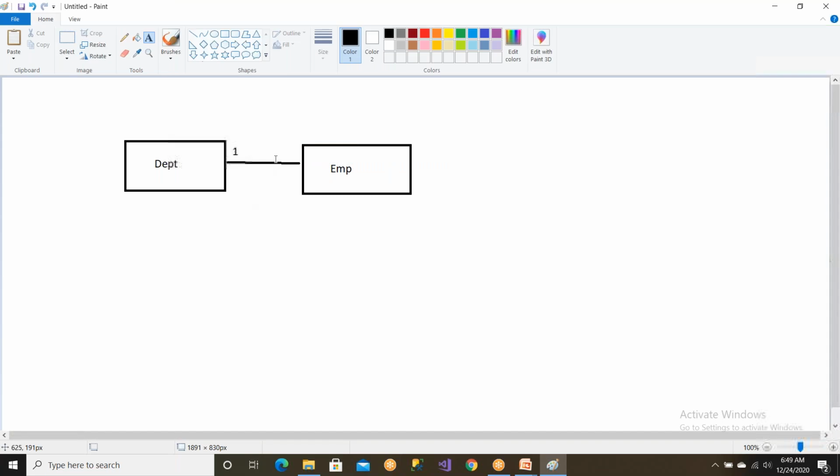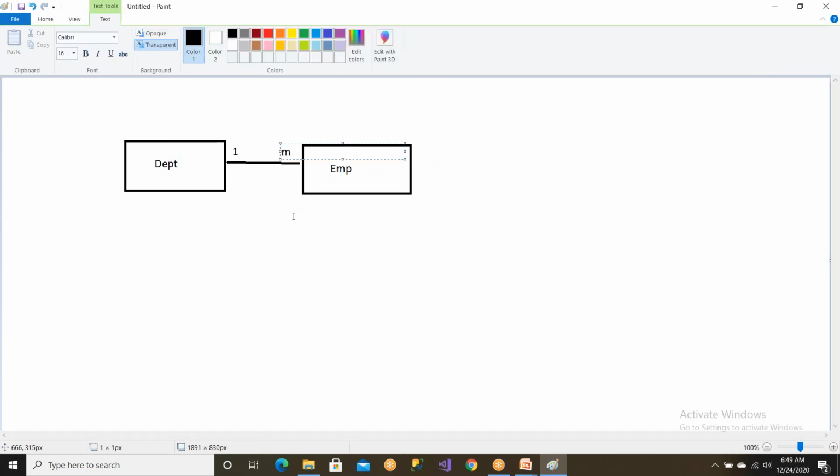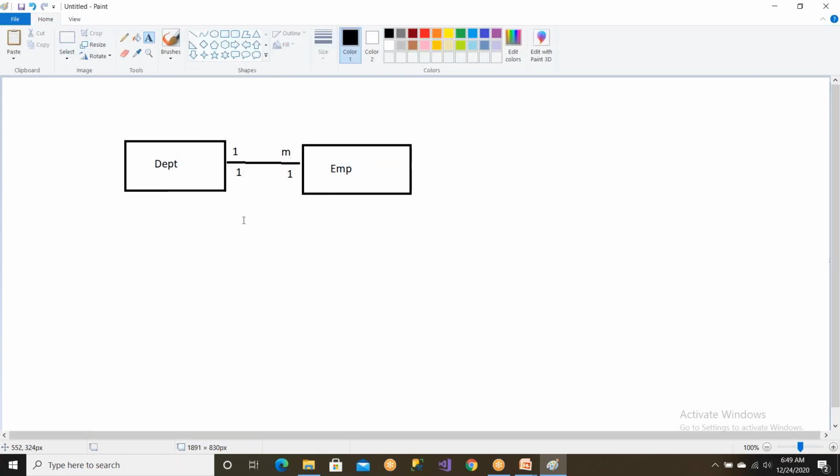One department can have many employees, and one employee has to work for only one department. That is the situation in my company. In another company, one employee may work for many departments as well, and in that case it will become a many to many relationship.